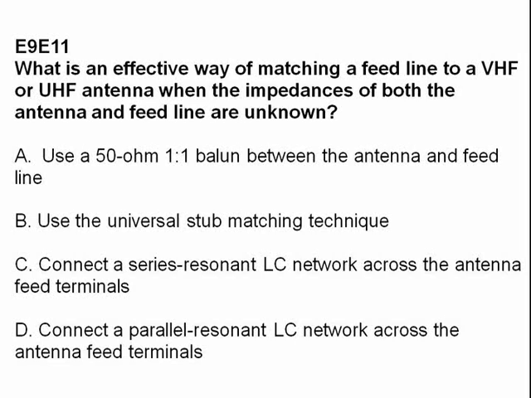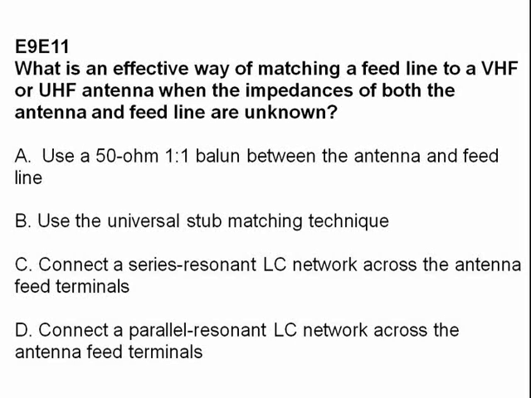What is an effective way of matching a feed line to a VHF or UHF antenna when the impedances of both the antenna and the feed line are unknown? A. Use a 50 ohm 1-to-1 balun between the antenna and the feed line. B. Use the universal stub matching technique.